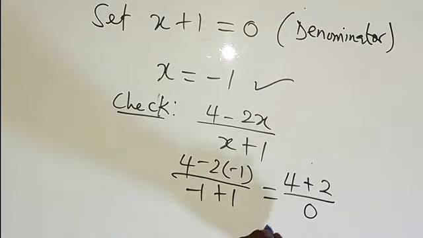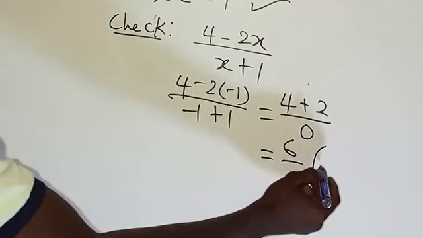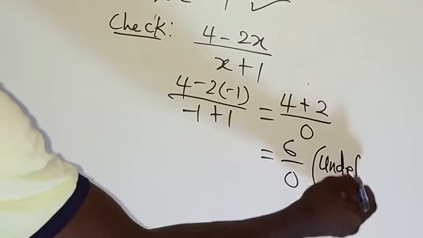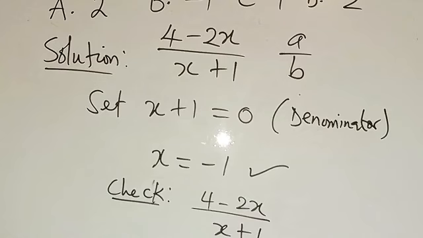This will give us 0. So 4 plus 2 gives 6, then divided by 0, and 6 divided by 0 is undefined. If you press your calculator, you see that it will give you math error, or just error.